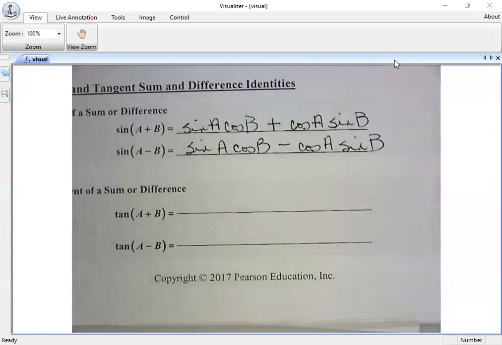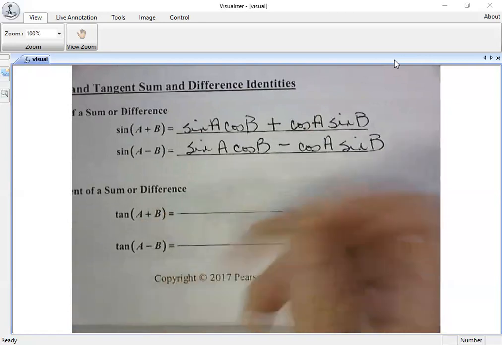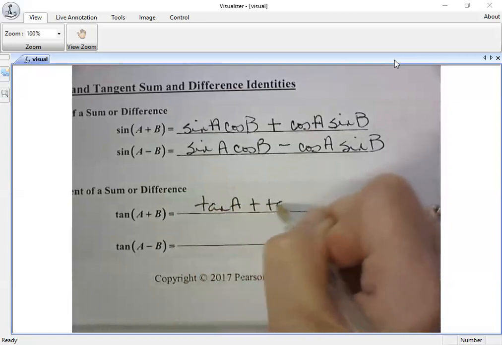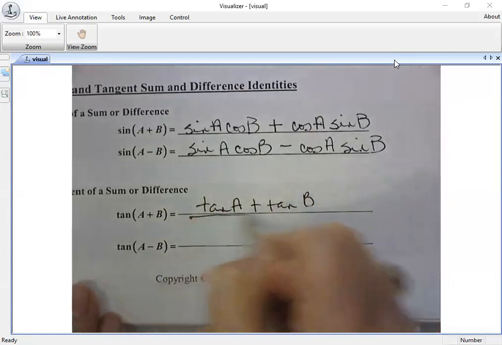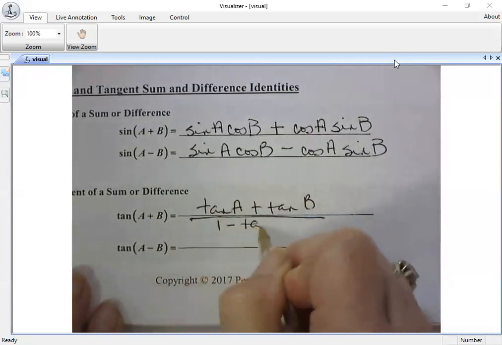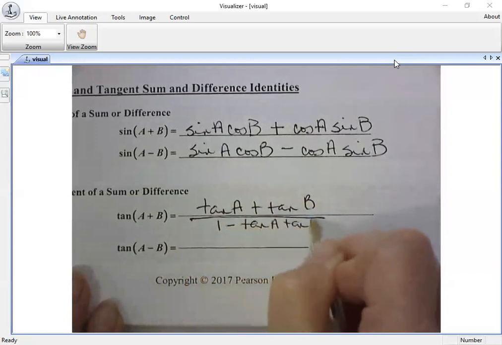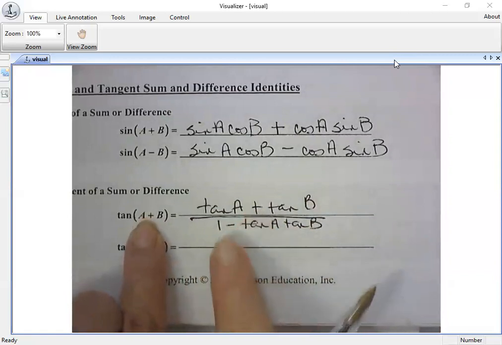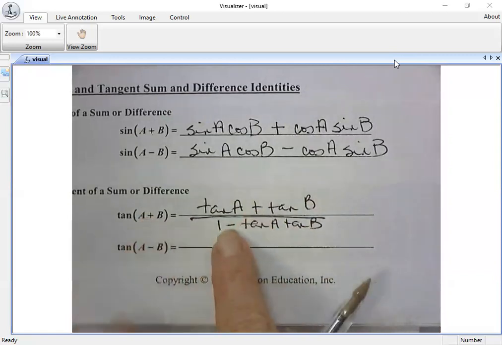And remember, this is the one that I said is a fraction. So when you can avoid using it, you might want to, but there may be times you need to use it. So tangent of A plus B: your numerator will be tangent of angle A plus the tangent of angle B, over your denominator, which will be 1 minus tangent A tangent B. So notice we keep the same sign in the numerator, and we get an opposite sign in the denominator.